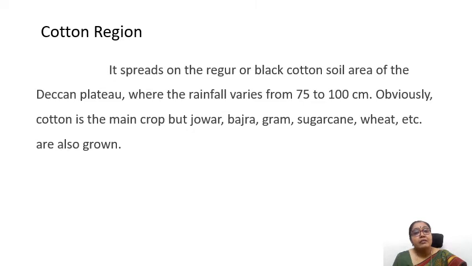The rainfall here varies from 75 centimeters to 100 centimeters. Cotton is the main crop here, but jowar, bajra, grams, sugarcane, wheat and others are also grown in these regions.